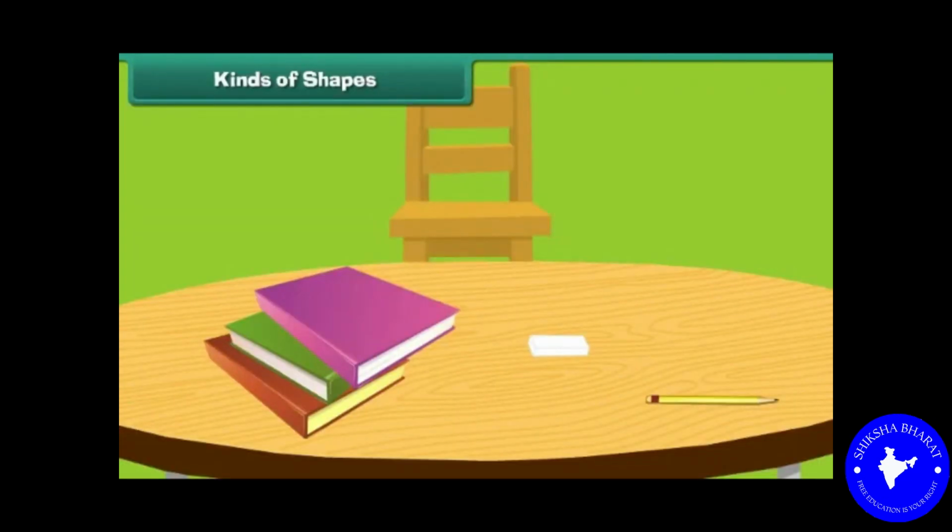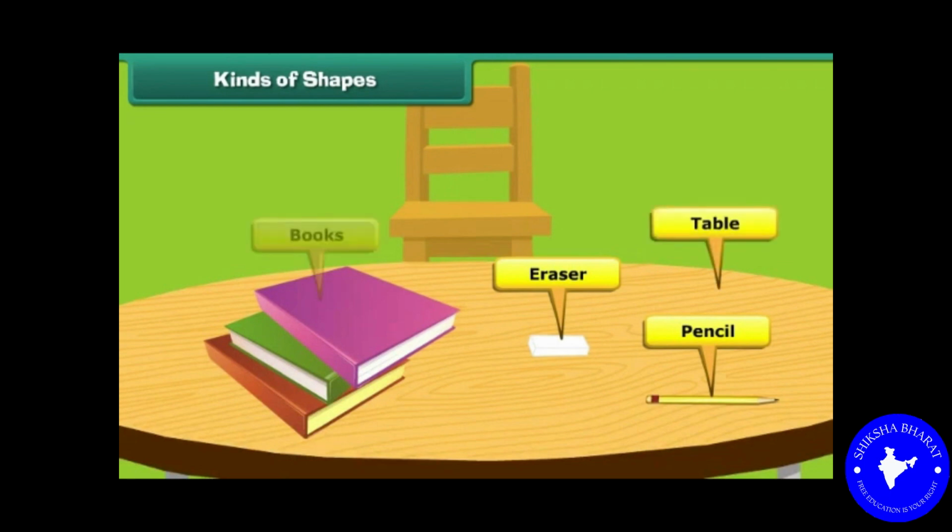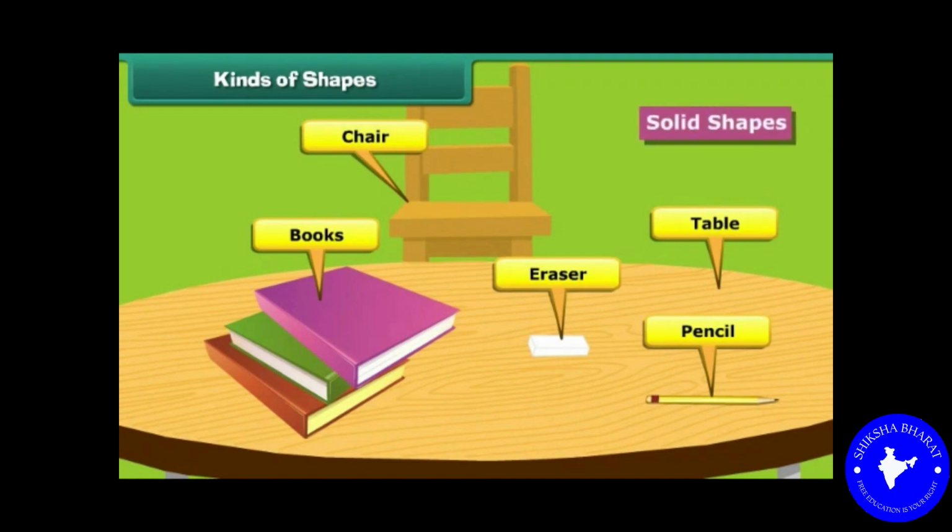Kinds of shapes. We see different shapes all around us: pencils, erasers, tables, books, chairs, etc. They are called solid shapes.